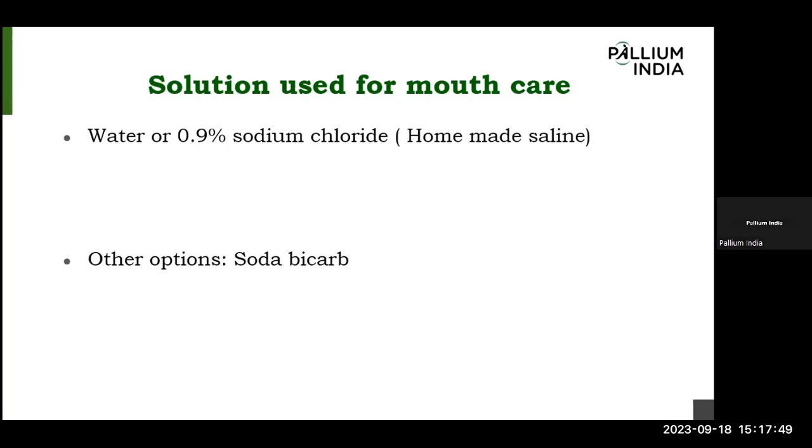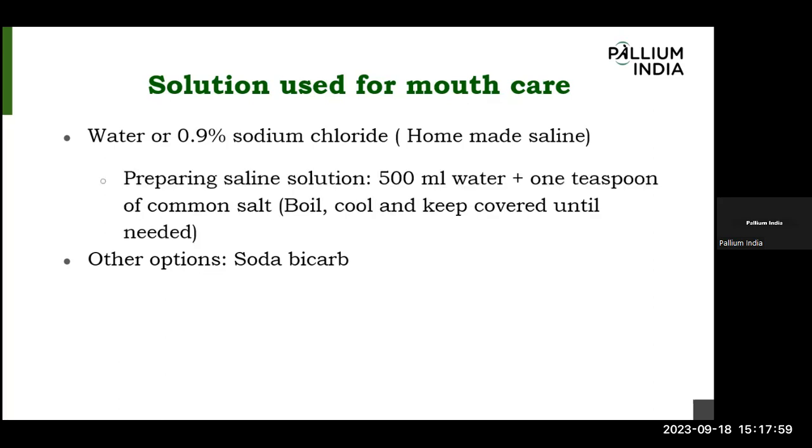But you have to tell the patient and patient caregivers how to make a homemade saline. You can take water. So take 500 ml of water and add 1 teaspoon of common salt. Boil it, cool it, and keep it covered.